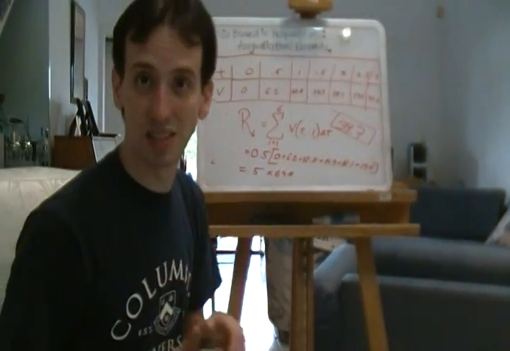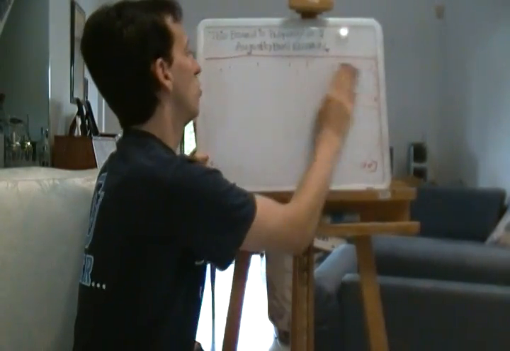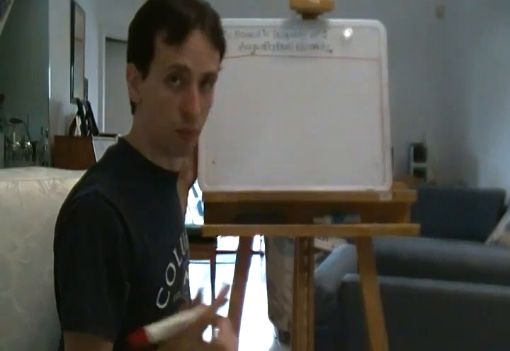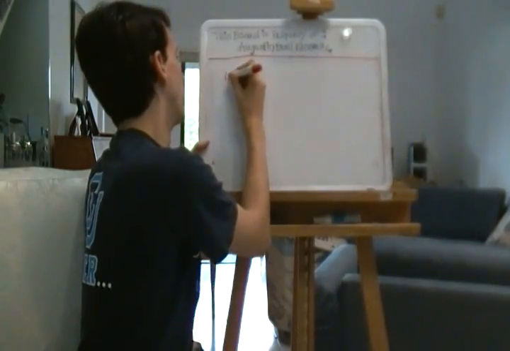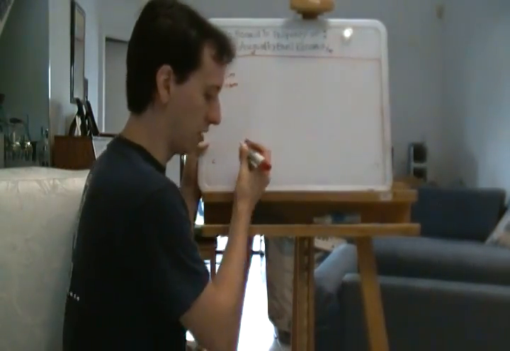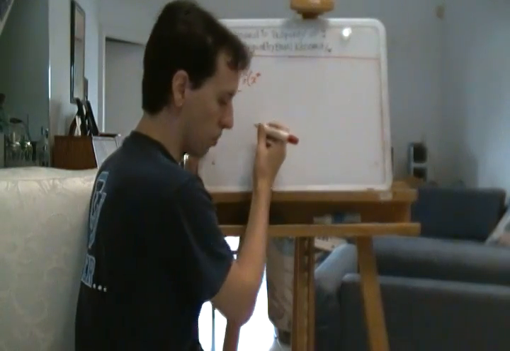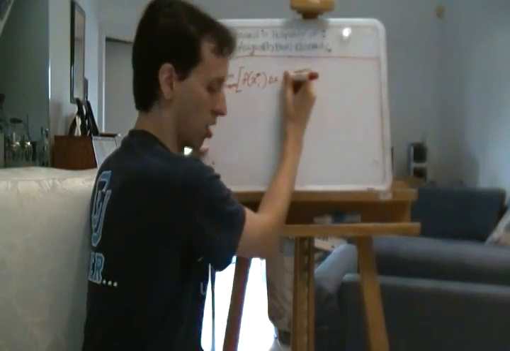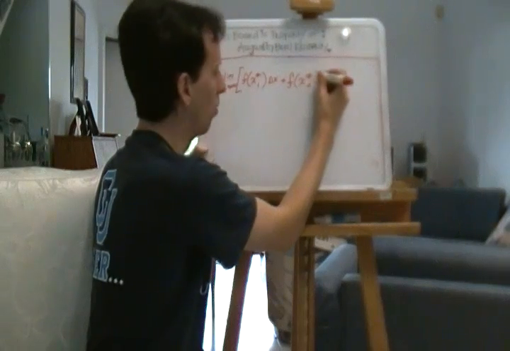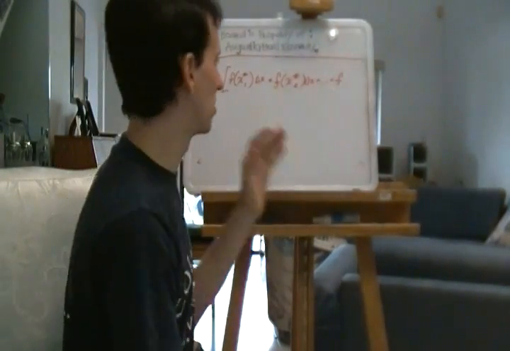So those are the upper and lower estimations. Now, building off that idea, you should be fairly familiar with what we talked about last time: if we split up an area under a curve into an infinite number of rectangles, we'd write that as f of x star 1 delta x plus f of x star 2 delta x plus dot dot dot plus f of x star n delta x. That ellipsis means however many you want.